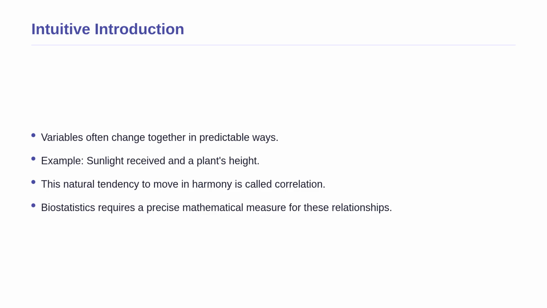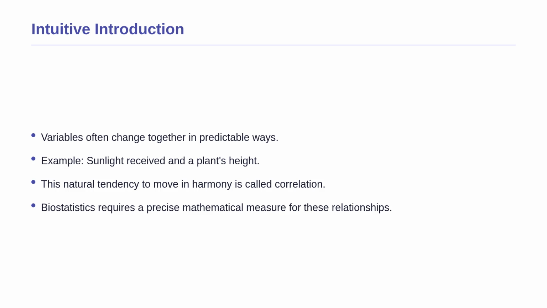Let us start by building our intuition. Imagine you are observing two things that seem to change together, like the amount of sunlight a plant receives and how tall it grows. As the sunlight increases, the plant's height also tends to increase in a predictable way.